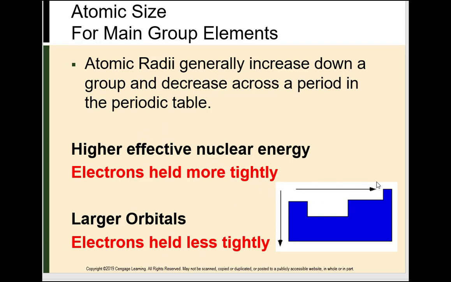So don't be confused thinking this arrow to the right means it's getting bigger. As we go to the right, the atomic radius decreases. However, it does increase going down. There are larger orbitals. I'm going from 1 orbital to 2 to 3 to 4 to 5 to 6 to 7.